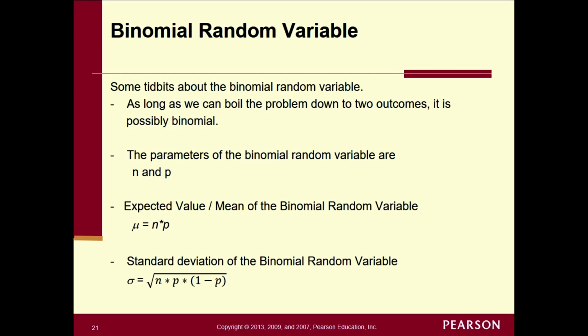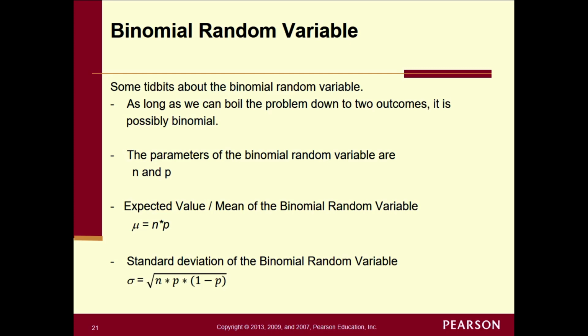And so you could say that buying a Ford truck has a certain probability, and not buying a Ford truck. Okay, and so you put all those other categories into that other one. And if you can do that, you have yourself a binomial. Okay, we don't do that too often.